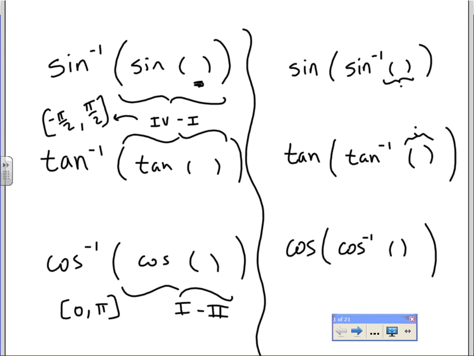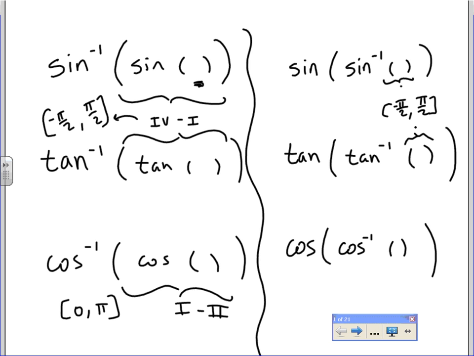For inverse sine and inverse tangent, the value has to fall between negative pi over 2 and pi over 2. If it didn't, those would not cancel out. As long as they lie in the correct quadrant, these cancel and they're easy problems. But when they're not in the correct quadrant, it opens up a can of worms.